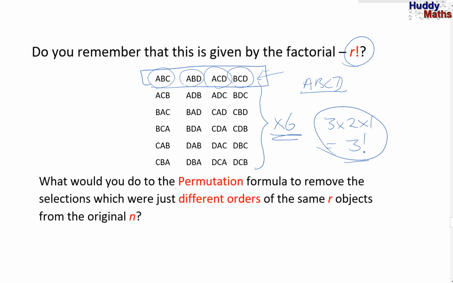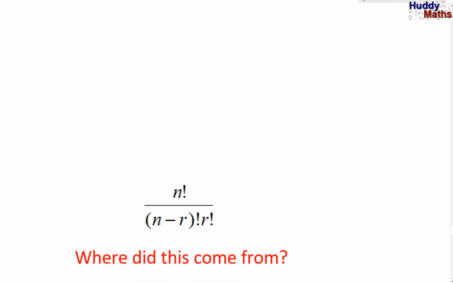So what would you do to the permutation formula to remove the different orders of the same R objects from N? Are you good enough? Think about it while I roll the screen up and see if you can understand this.